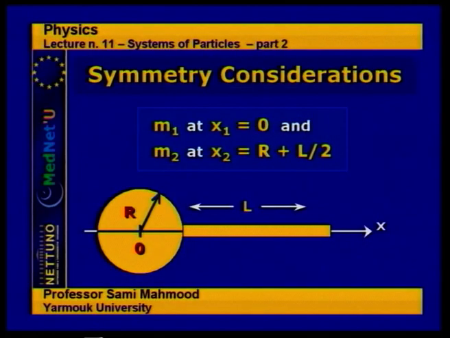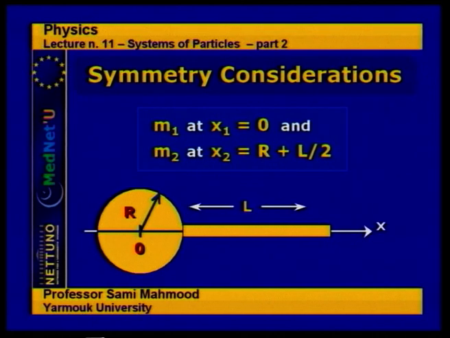However, we can use symmetry considerations and divide, in that sense, the object into two parts. We can divide the object into a sphere, as if it were alone, and a rod, as if it were alone. So it's like we have two objects instead of one, two bodies instead of one.